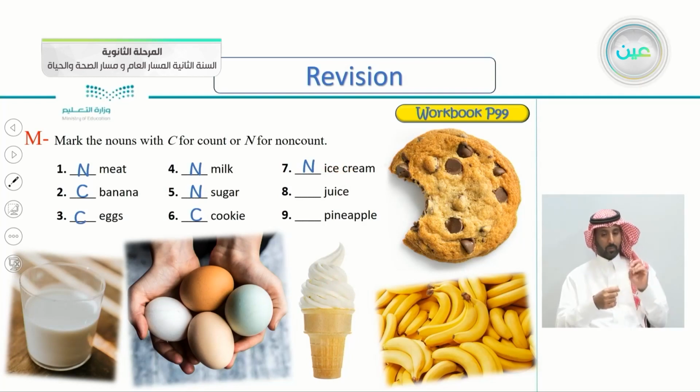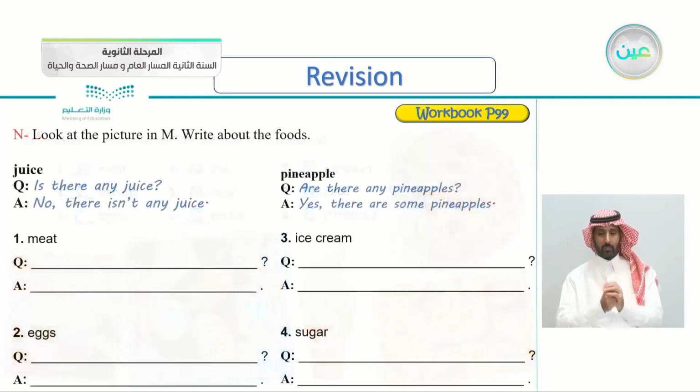What about juice? Juice, of course, you can't count it, just like the milk. All liquids, you can't count them, but you can count the container they're put in, a glass, and so on. What about the final one? Pineapple. Pineapple is, of course, countable. 1 pineapple, 2 pineapples, and so on.